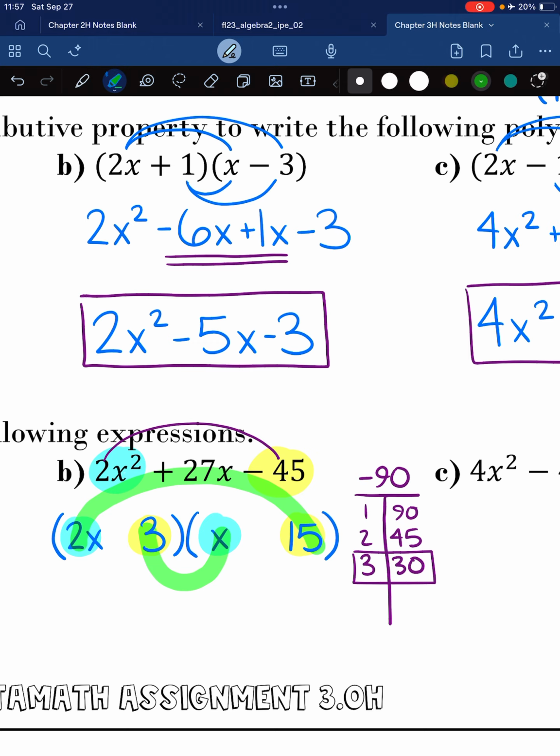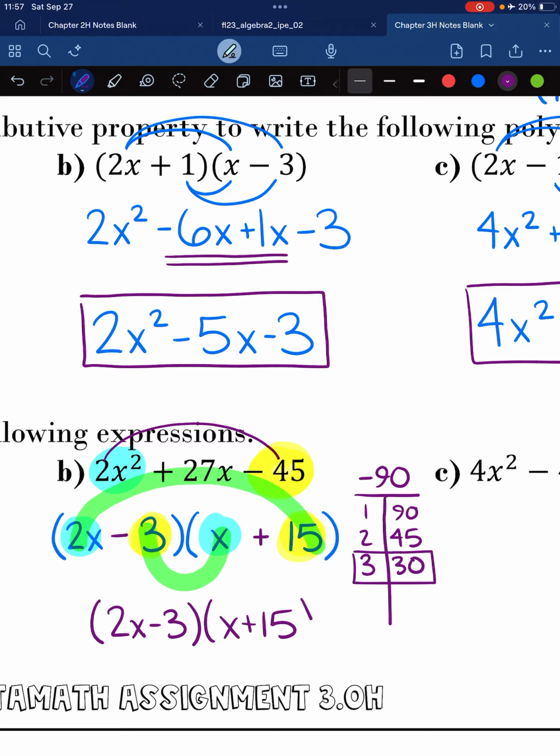And I can verify that 3 times 15 is 45. So I have all the right factors here, I just have to get the right signs. In order for those to combine to be a positive 27, it has to be positive 30 minus 3. And I have factored this now: 2x minus 3 times x plus 15.